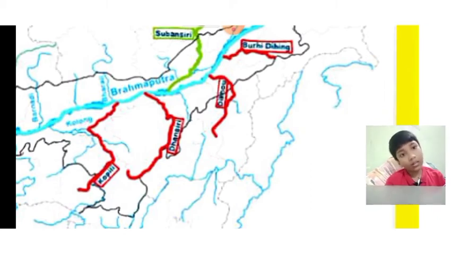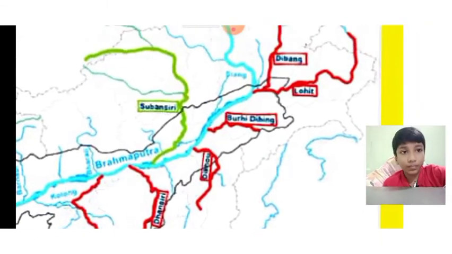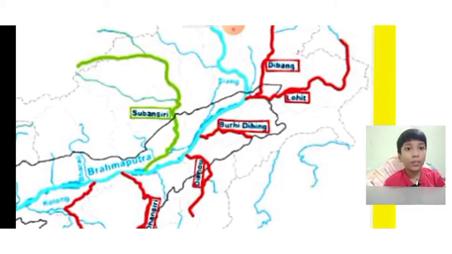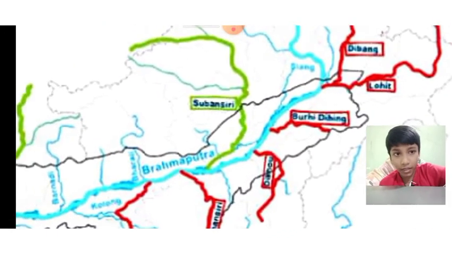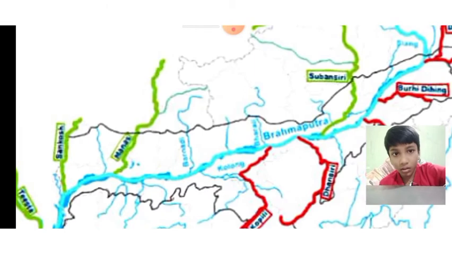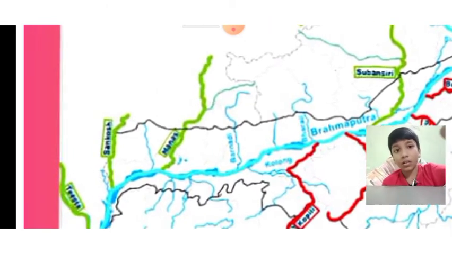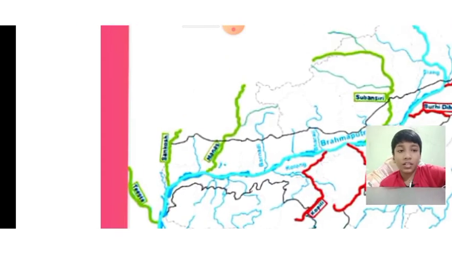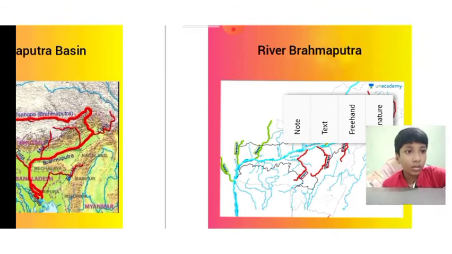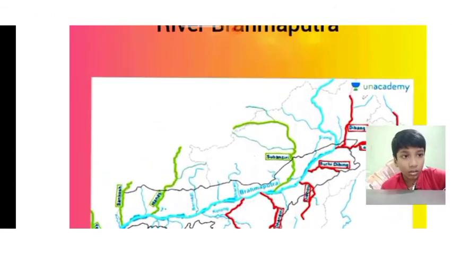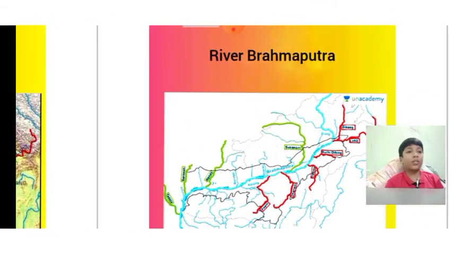Dana and Danin, Danu, Burhi, Darking, Lohit, Dibang, Subansiri, Manas, Sankosh, Teesta are some important tributaries of Brahmaputra.